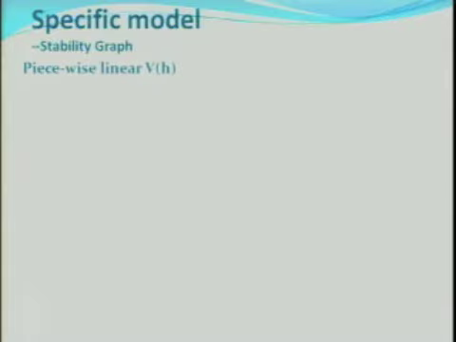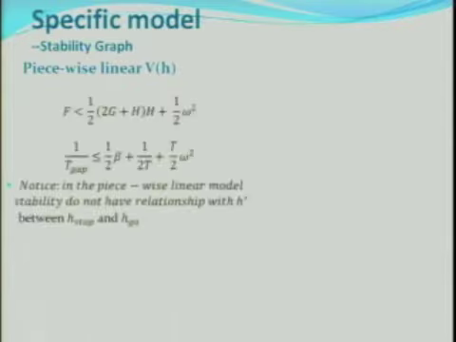We also would like to analyze the stability issue for the piecewise linear model. We can get from the previous inequality with j equal to 0 the string stability condition for f, and applying the values we just calculated, we can get such t gap, beta, t, and omega.